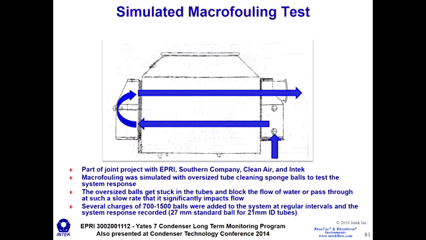There's some of the details here. We injected several charges of the balls. They were added into the system at regular intervals. The balls we used were this size, and the hardness of the balls was a standard hardness. The tubes in the condenser were 21 millimeter ID tubes, 7/8 tubes. I think they were 24 gauge titanium tubes.